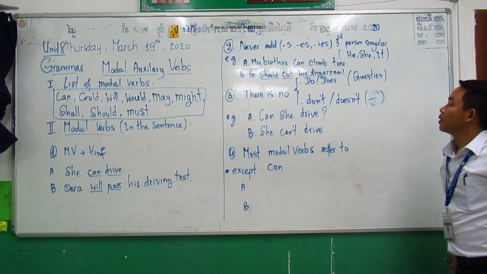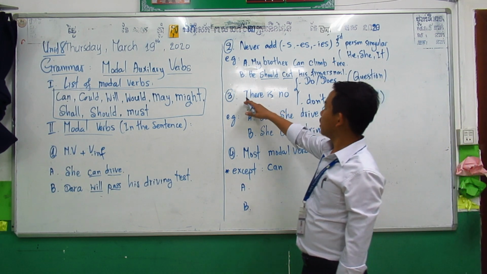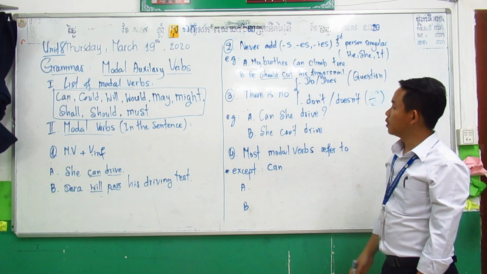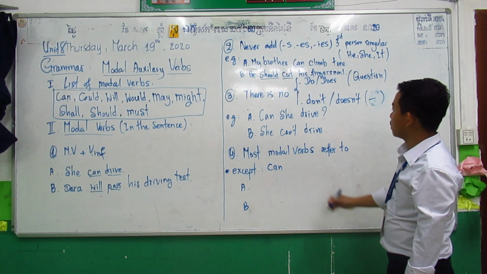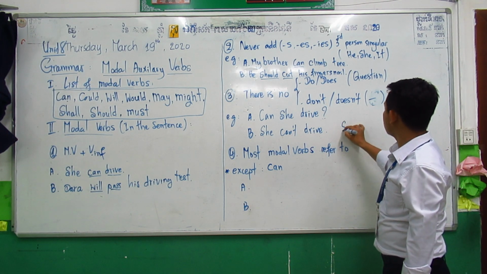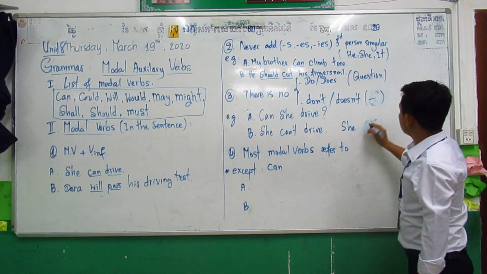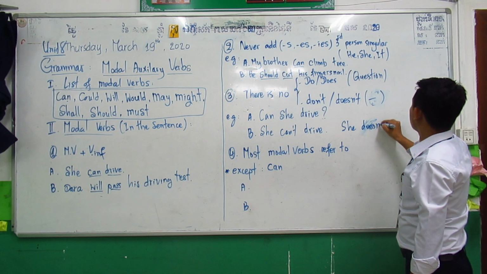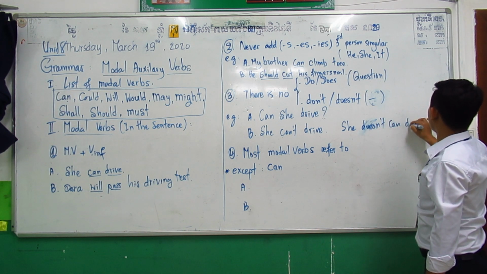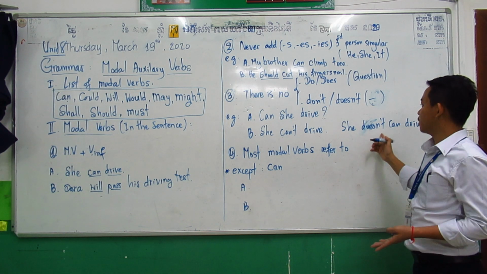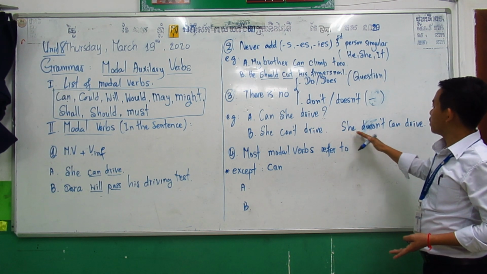If you don't remember this point and you use it like a present simple question, most students say that she doesn't can drive. So I heard some students say this sentence, she doesn't can drive.